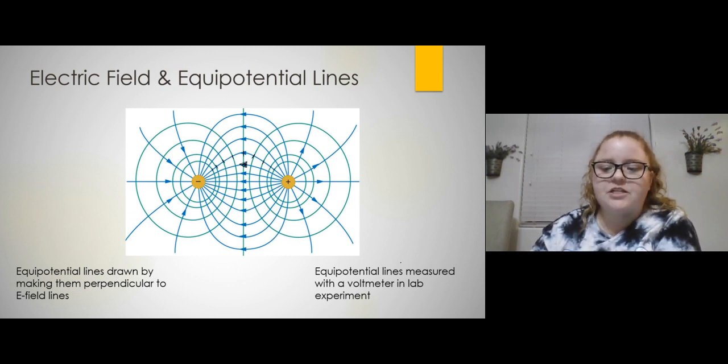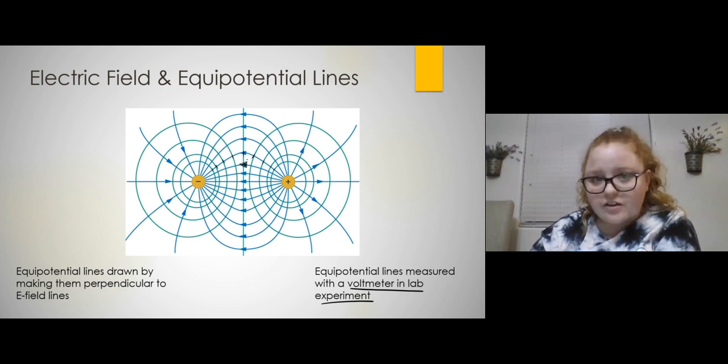Equipotential lines are measured with a voltmeter in lab experiments. So I'm not just going to randomly draw those, but I'm going to be meticulous and say, along this line I have this many volts. Say I have 1 volt, and the next one is 2 volts.